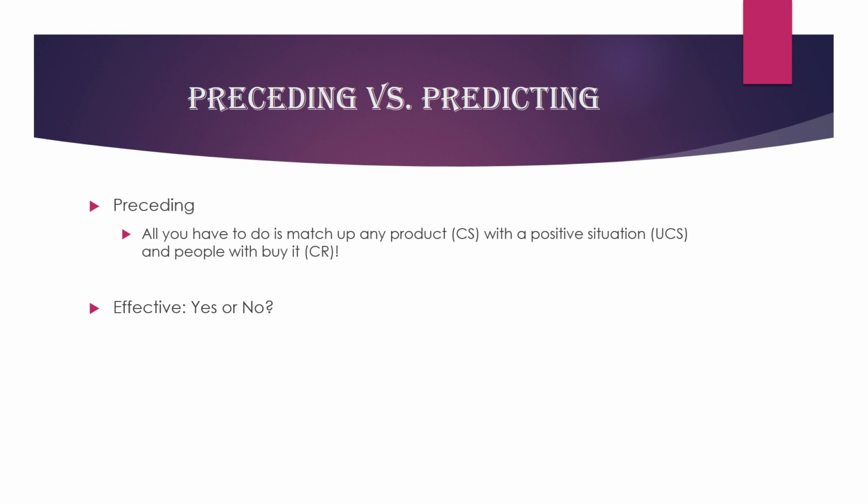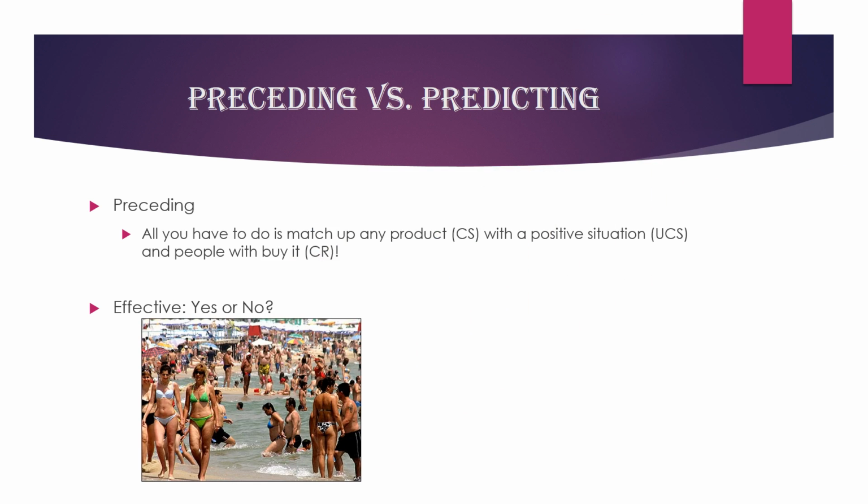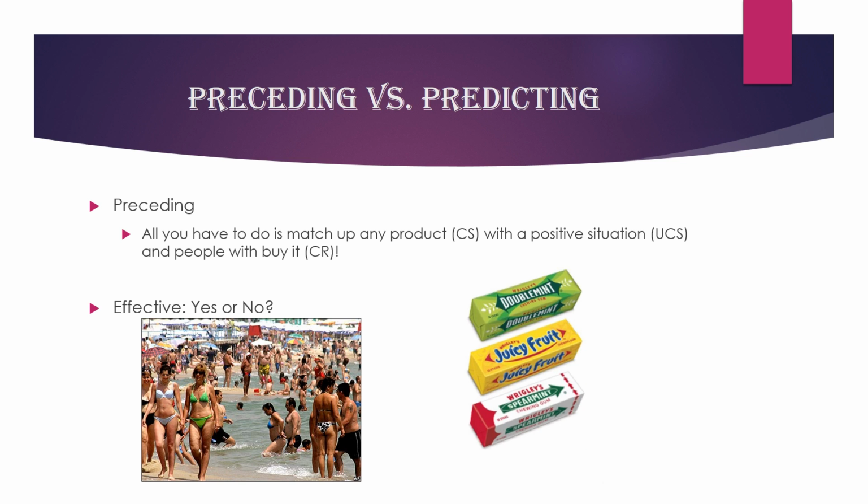Now, does this work? Well, that's a good question. There was an example a long time ago where basically people were showing a party scene, people at the beach having a wonderful time, enjoying themselves and all that, pretty women, handsome men and all that. And believe it or not, the product they were selling was gum.